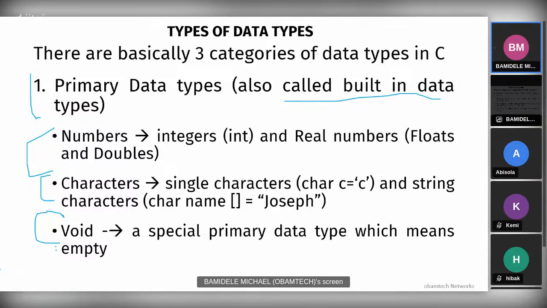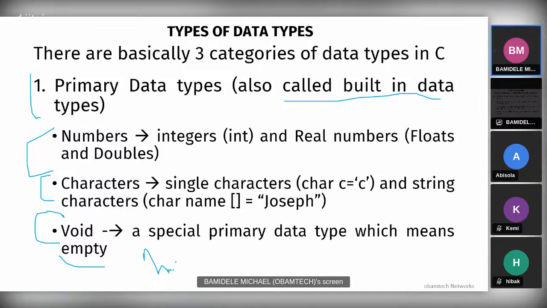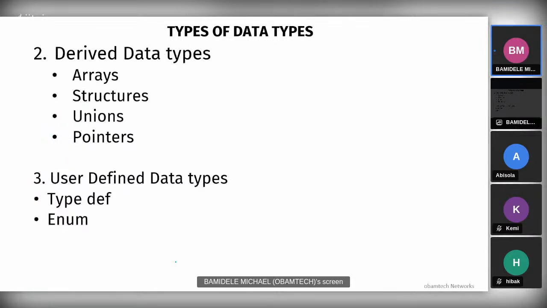You have tried to use the main function. You did main with brackets and void. So just understand this. There are basically three categories. Number one is primary data type, and under primary data type we have numbers, characters, and void. And then we have derived data types.